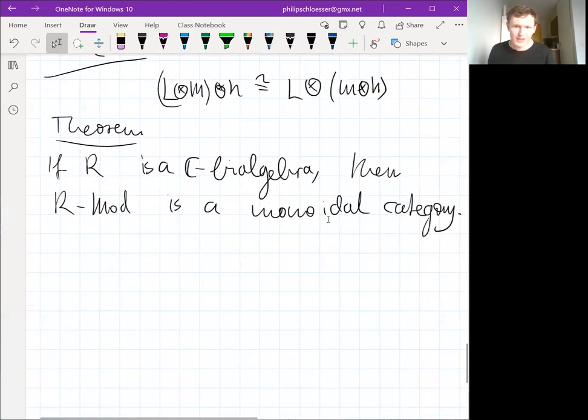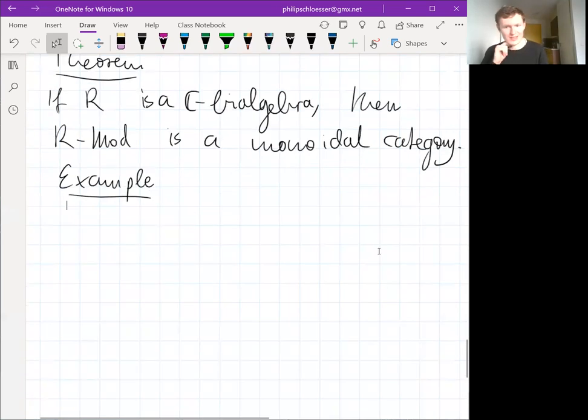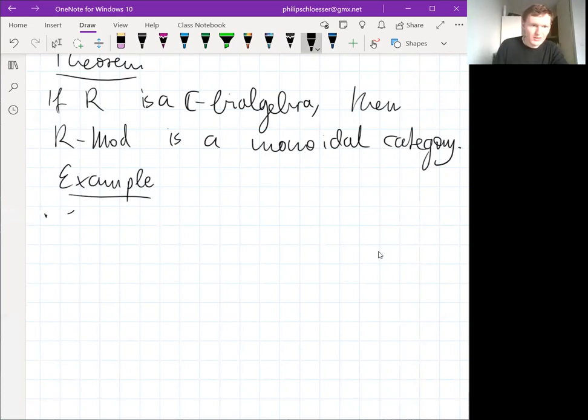So I guess the question now is, how does this apply to the cases that we already know? The examples of algebras that induce some sort of representations. For example, if G is a group, is the group algebra a bialgebra?